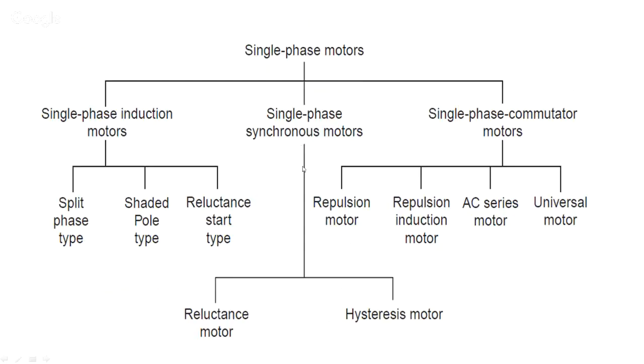Single-phase synchronous motors can be of two types, reluctance motor and hysteresis motor. And single-phase commutator motors are of different types, namely repulsion motor, repulsion induction motor, AC series motor, and universal motor. We will not be studying in detail about any of these motors since it is beyond the scope of your syllabus.